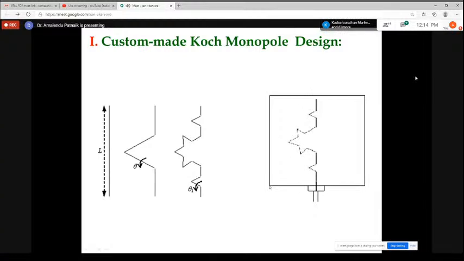It's a planar antenna, basically a fractal antenna, and those who are engaged in antenna designing or research must know that fractal antennas are multiband antennas, right?